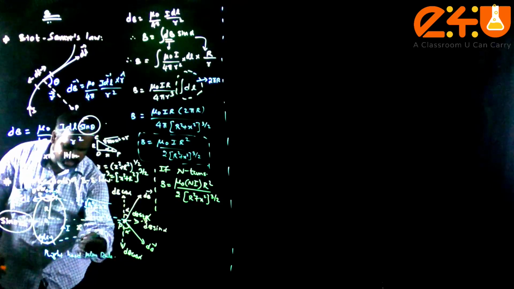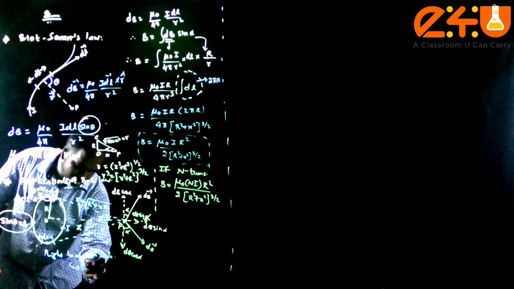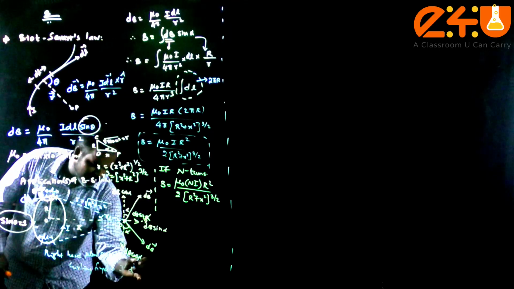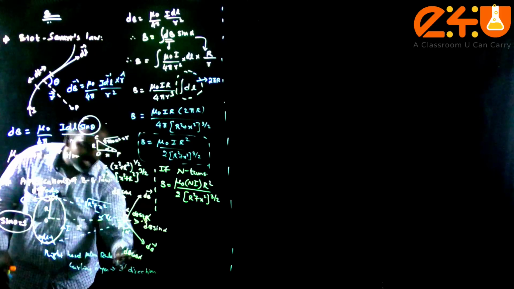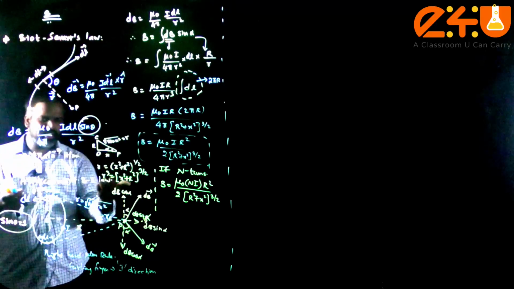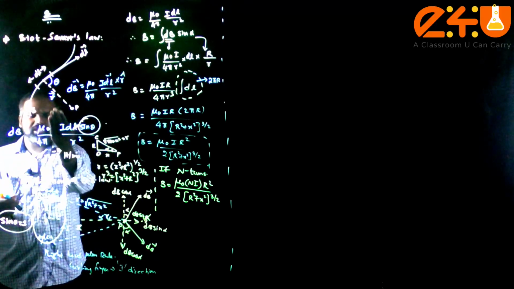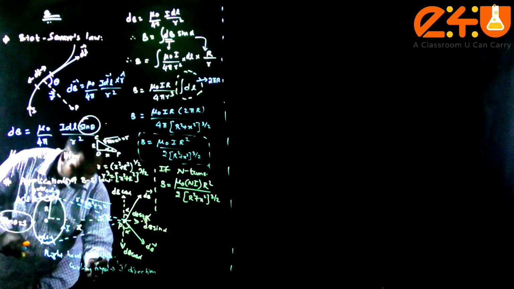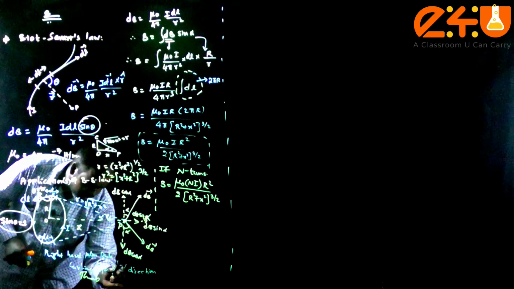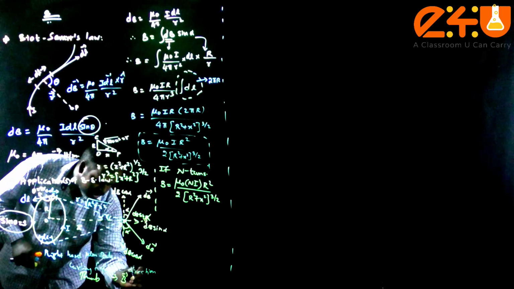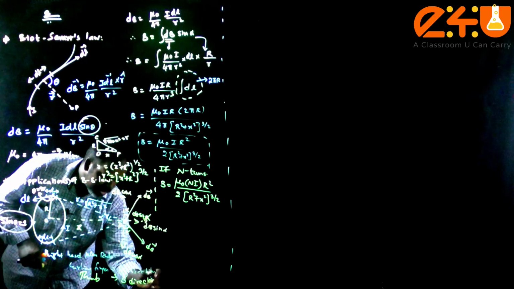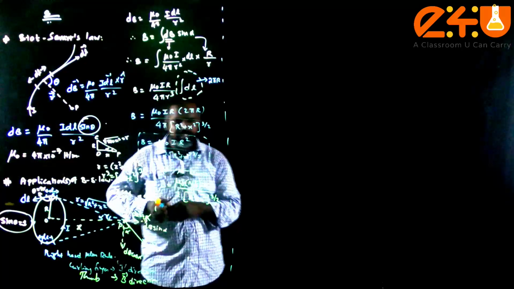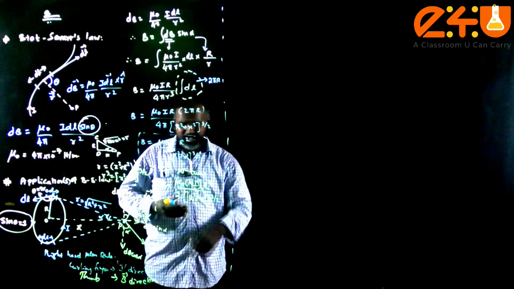What does this rule say? The curling fingers give the current direction, then the extended thumb gives the direction of the magnetic field, the B vector direction. This is the way to find the direction in the case of a circular coil or circular loop, whatever the case may be.